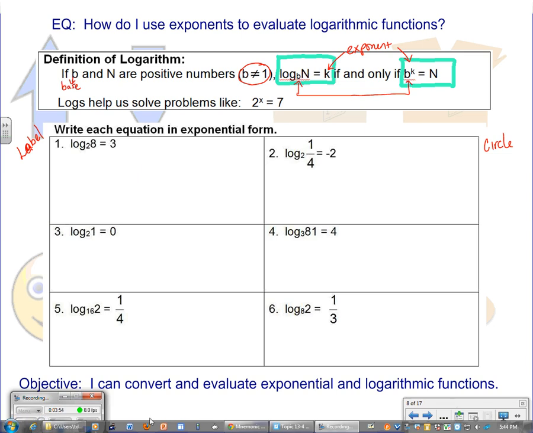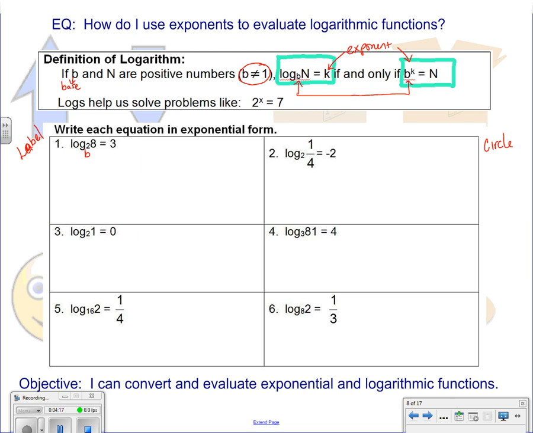So the label method is using the two equations and labeling our b, our n, and our k. In our first example, we have log base 2 of the number 8 is equal to 3. So our b is our base. Remember, it's all about the base, and the base stays the base.